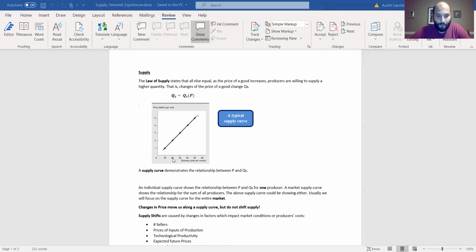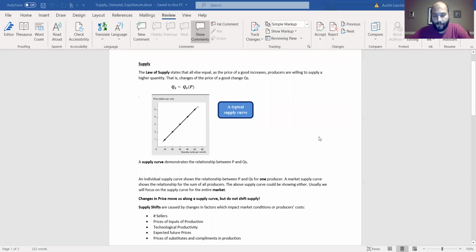At a price of 2, there are 20, 3, 30, and so on. Right, so it's important to remember how to read a supply curve. A supply curve just tells you at any given price how many are supplied, usually by the entire market, unless it's indicated that it's a supply curve for an individual.